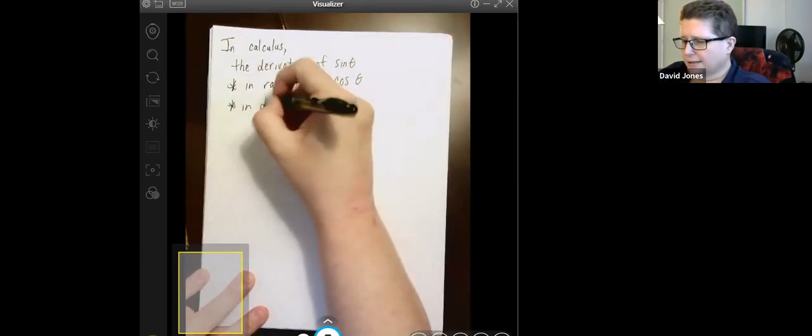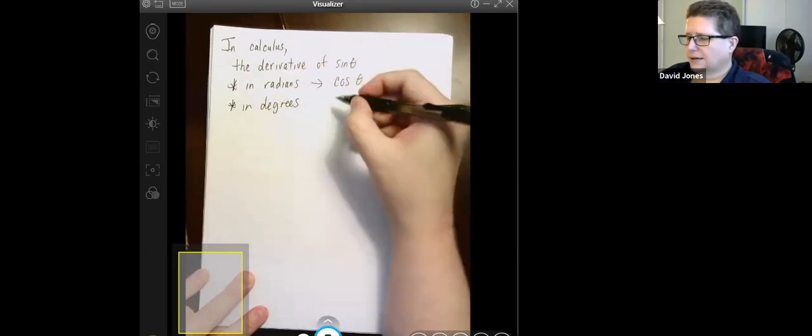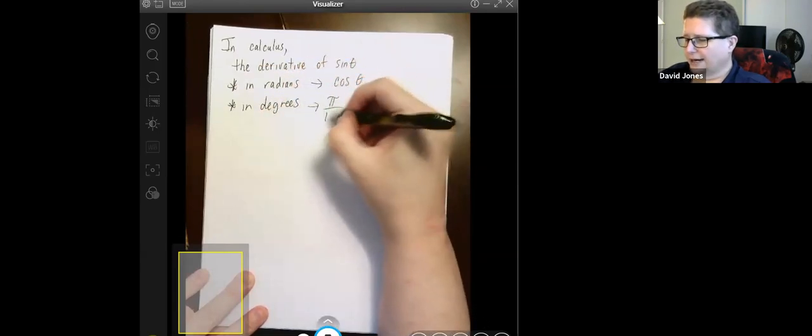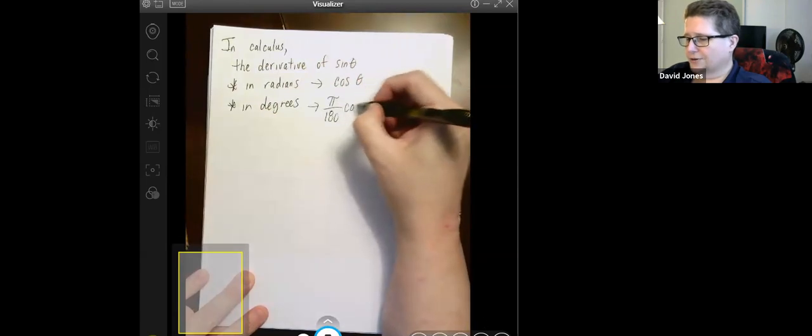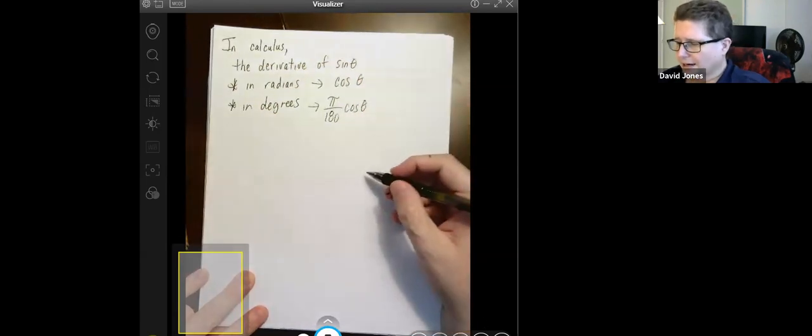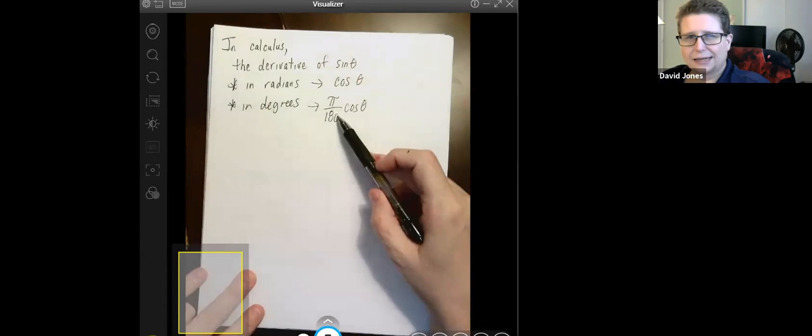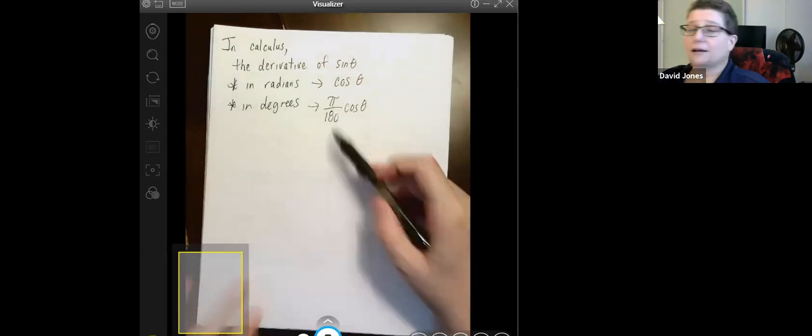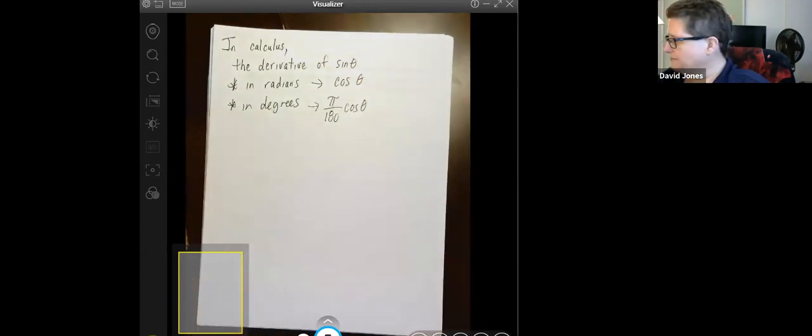In degrees, it's pi over 180 cosine theta. This starts introducing ugly numbers into your problems. If you're working in radians from the get-go, good stuff.